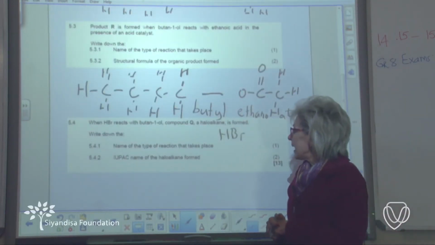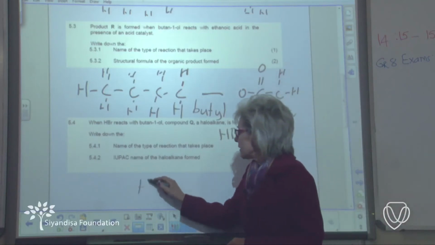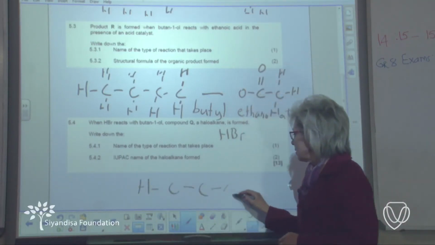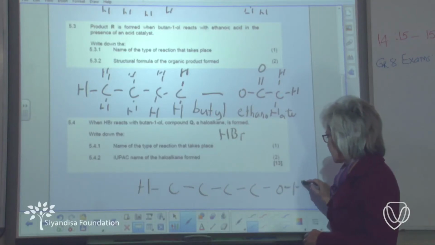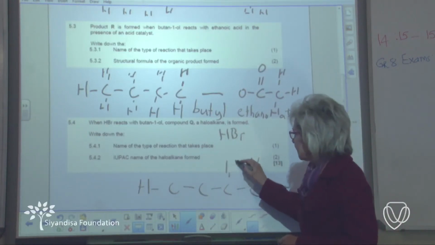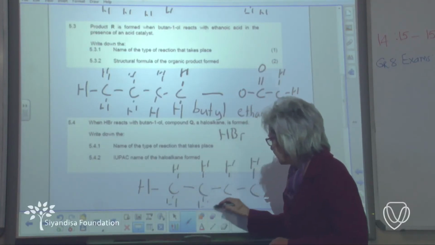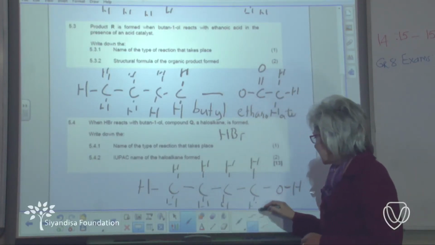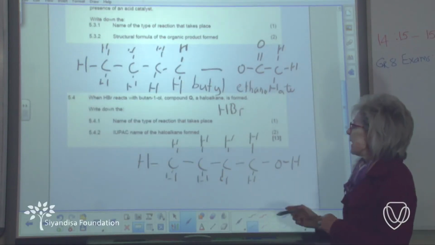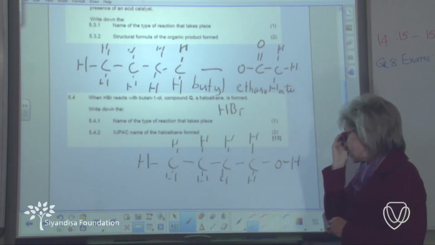IUPAC name of the haloalkane formed. So first of all, I redraw my alcohol. This is what I had. And now I have to add HBr. And so what gets changed?